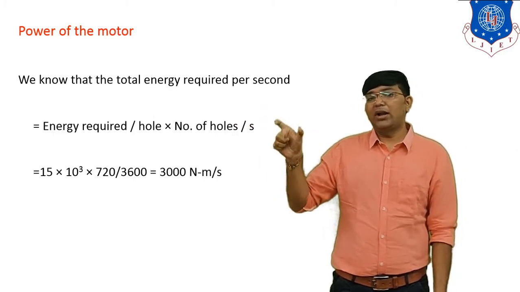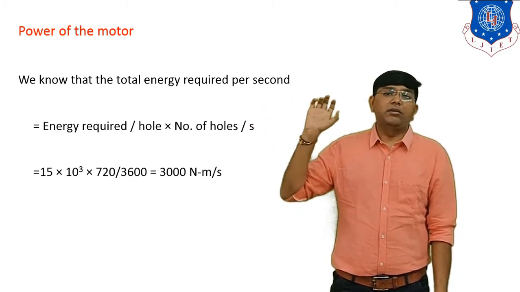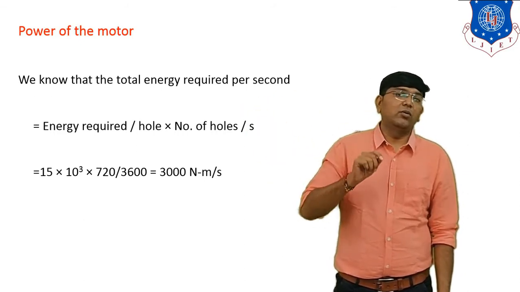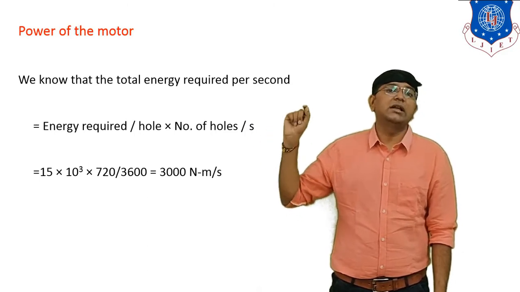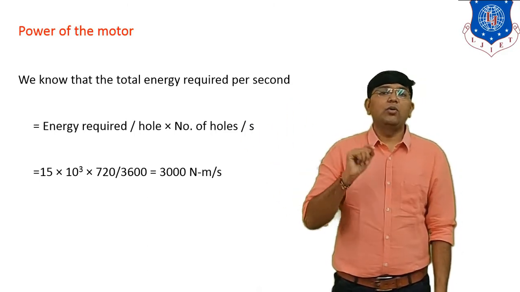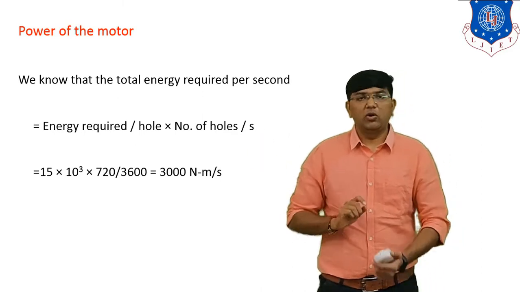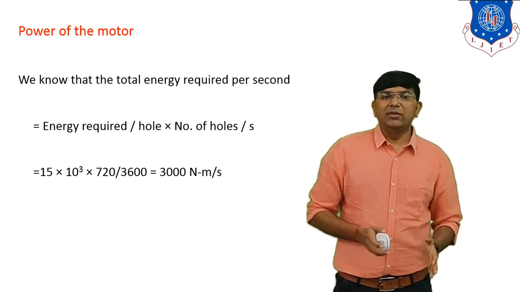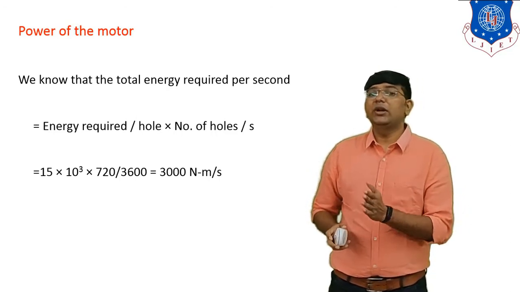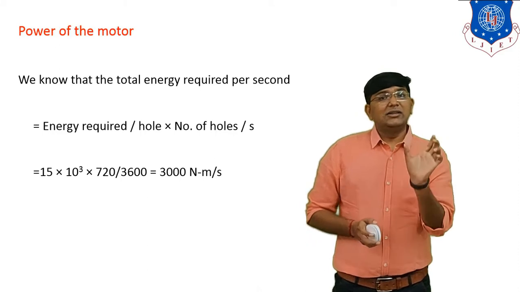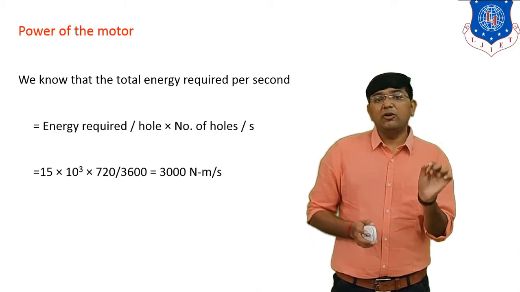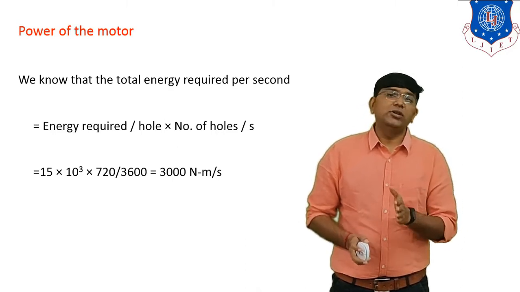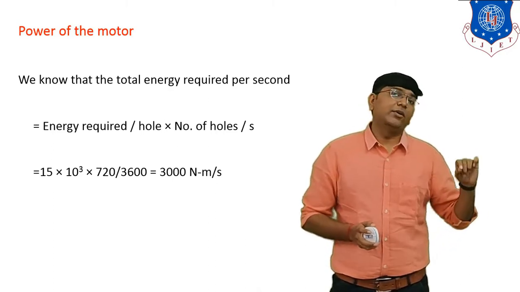Now we have to convert this into holes per second, so you have to divide this value by 3600. Clear? So 15 into 10 raised to 3 into 720 upon 3600 is equal to 3000 newton meter per second. So this is the value of power, 3000 newton meter per second, or 3000 joule per second, or 3000 watt. Energy supplied per second.